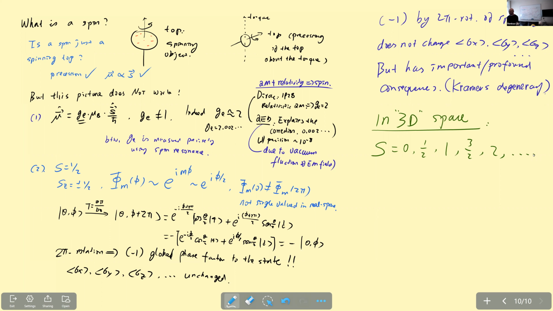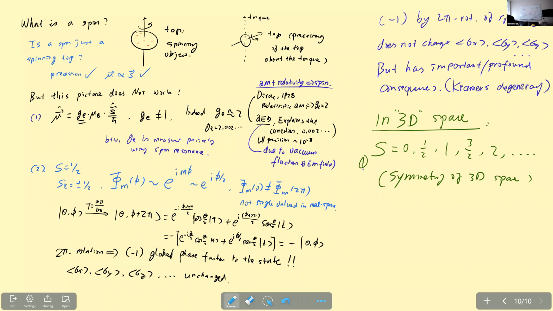You cannot take other values. The reason is because of the symmetry of 3D space. There are no other possible values for the spin or angular momentum quantum numbers. It can only take a value 0, or half integer, or integer. This is an intrinsic property of a 3-dimensional space. It has nothing to do with anything else, so it's very robust. Okay?